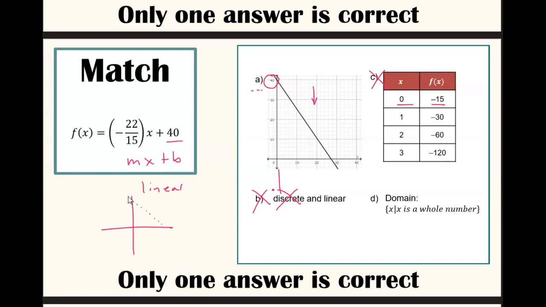But like we said, we expect this to be a continuous line. So D is not our answer here because this should be a continuous line, and whole numbers are not continuous. A is our only option left. We're going to go with it. It seemed to match. Seems like a good option for this one.